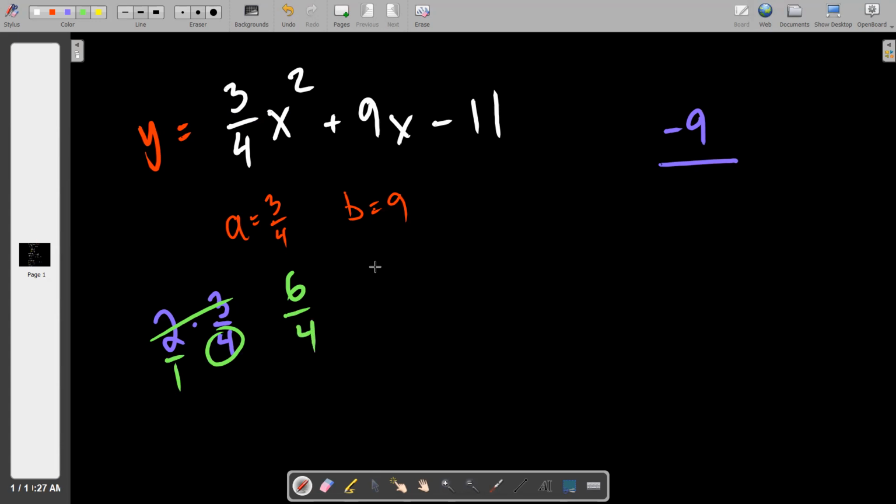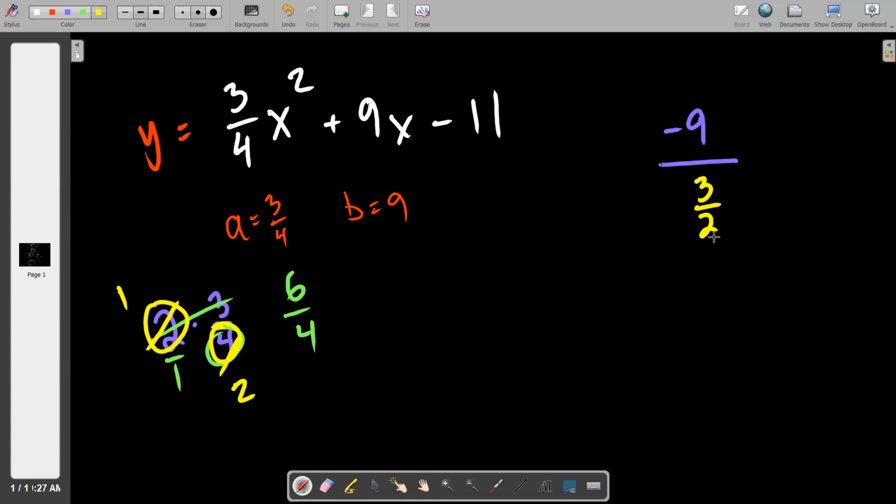Or you can reduce before you multiply. This 2 and this 4 that I circled in yellow, you could reduce early to 1 and 2. I hope that's not the crux of the conversation, because that's a really basic concept. So where it says 2 times A, I did 2 times 3/4, and the answer is 3/2.